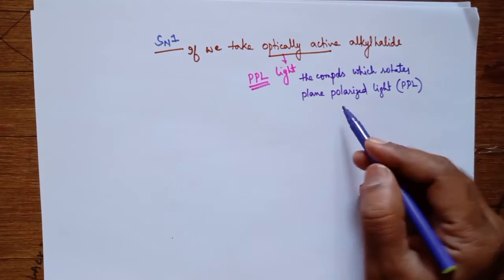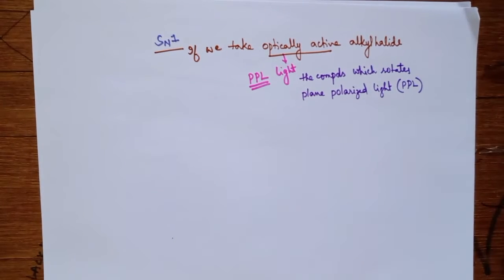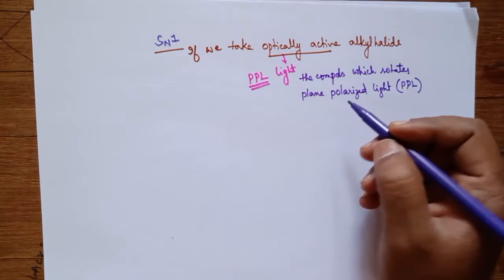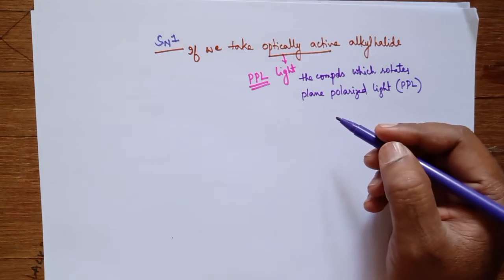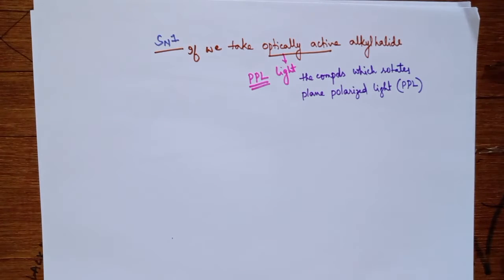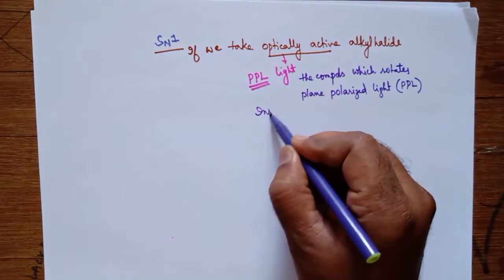So how do you know whether the compound can rotate the plane polarized light or not? You cannot tell by looking at the compound. You have to decide by using instrumentation only. You have to put it in the polarimeter. The polarimeter can decide the optical activity.